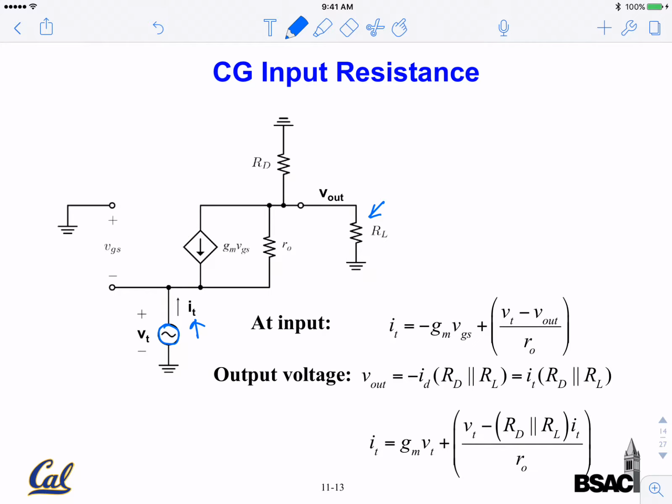In this circuit, you can basically collapse these two resistors, RD and RL. These both are connected to ground.